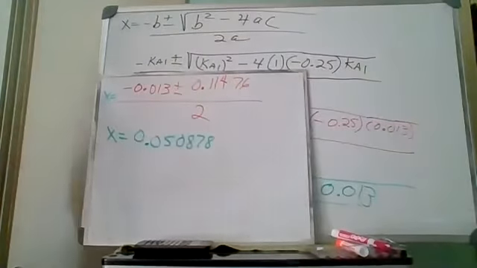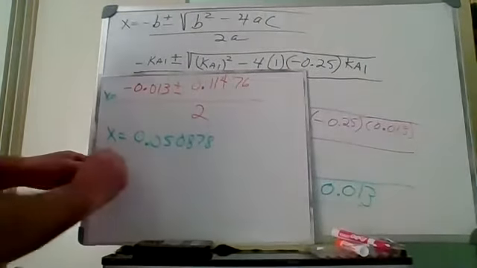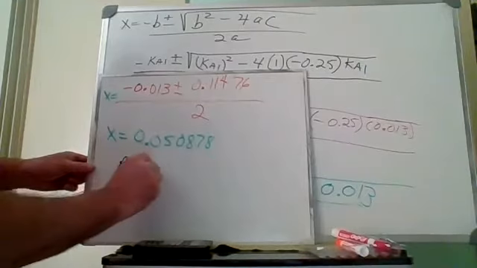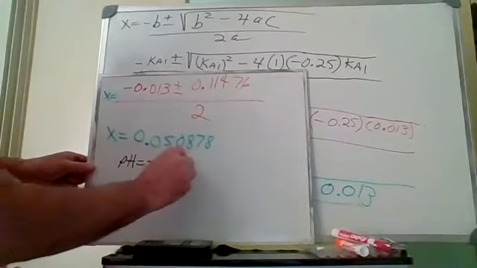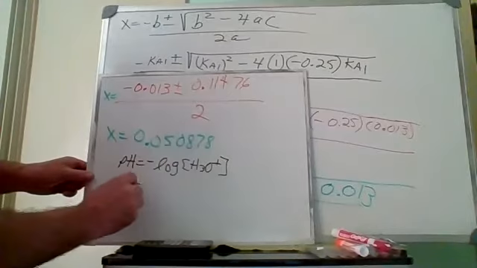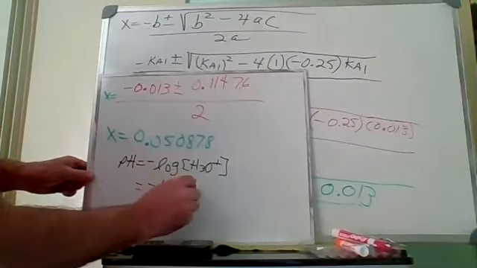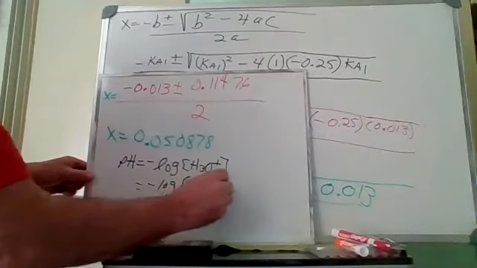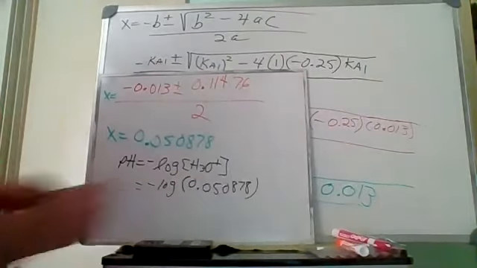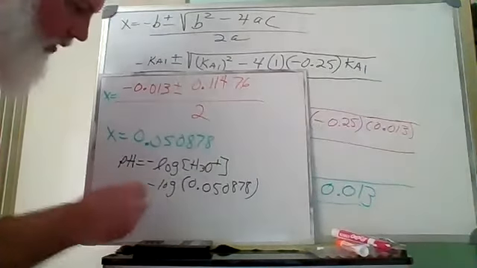So this is the hydronium ion concentration. We were asked to find the pH. Well, the pH is equal to negative log of hydronium ion concentration, which is negative log of 0.050878, which is equal to, if I remember correctly, 1.29.